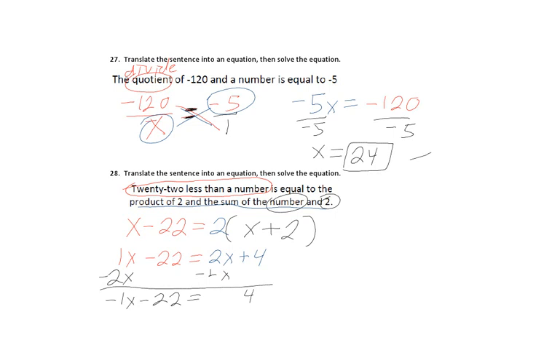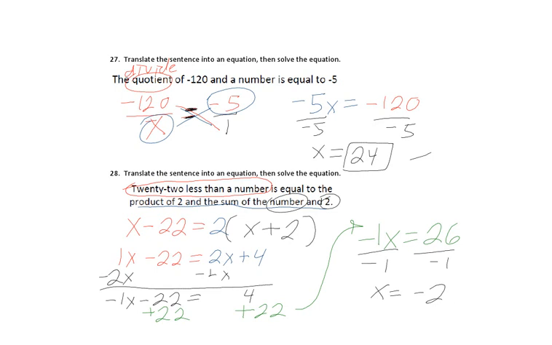Good. Well, now we could add 22. So negative 1x will equal 26. Then finally, divide by negative 1. And all that does is change signs. So 26 becomes negative.